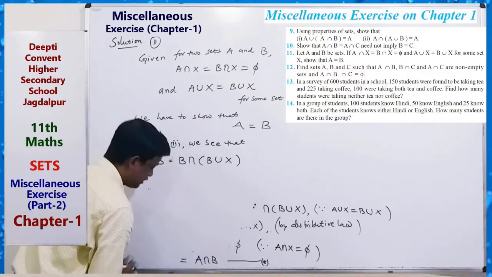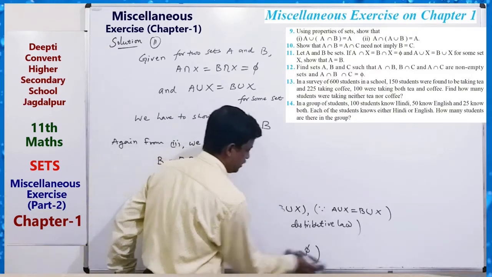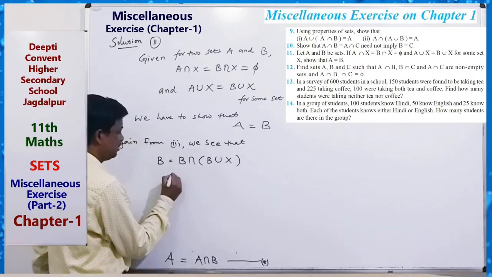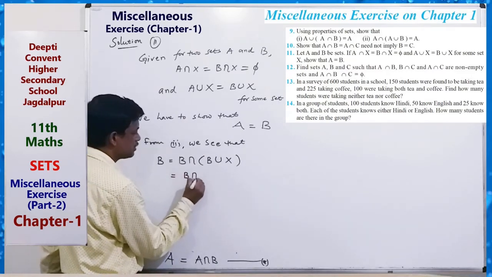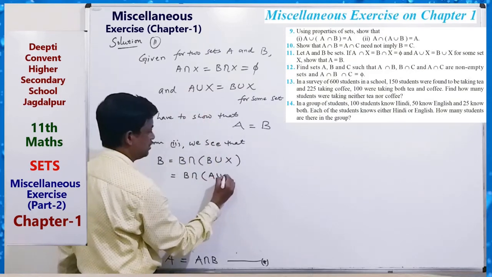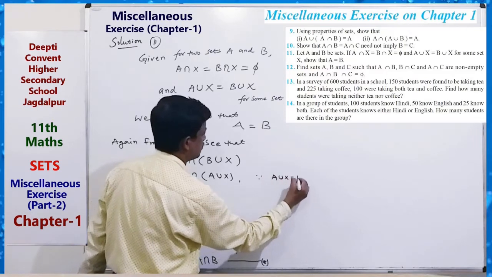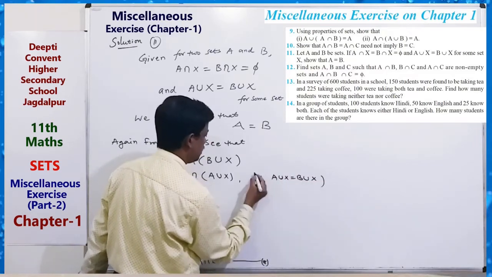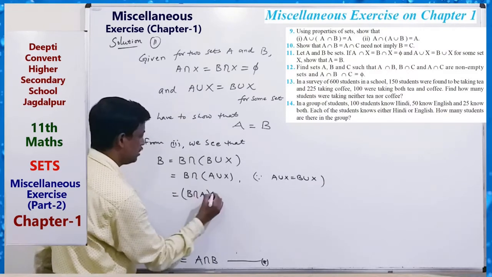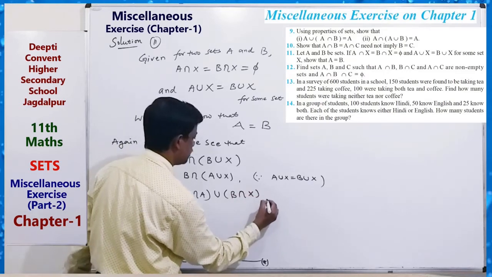So this is the first result, A equals A intersection B, and here B intersection (B union X) equals B intersection (A union X). Since A union X equals B union X is given, again by the distributive law, (B intersection A) union (B intersection X).